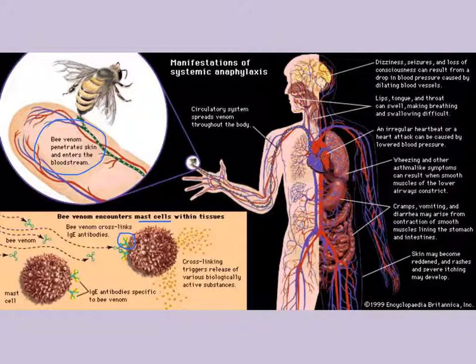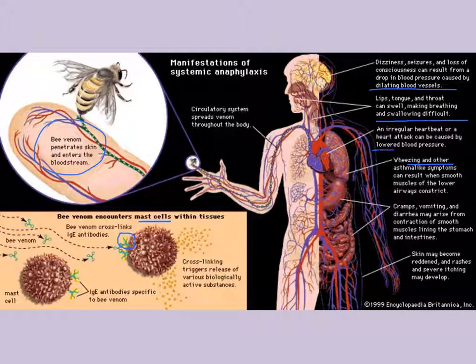If the blood vessels dilate, then blood pressure will drop, which can cause dizziness, seizures, loss of consciousness in extreme case. If you get swelling of the respiratory tract and the soft membranes in the back of the mouth, and you've got constriction of the airways, and so someone is not able to breathe, which can lead down here to wheezing and other asthmatic symptoms as the passage through the respiratory system becomes compromised.